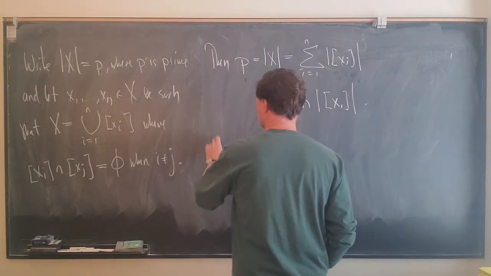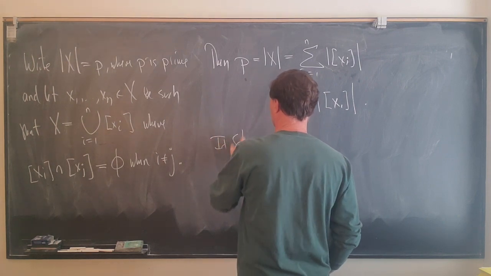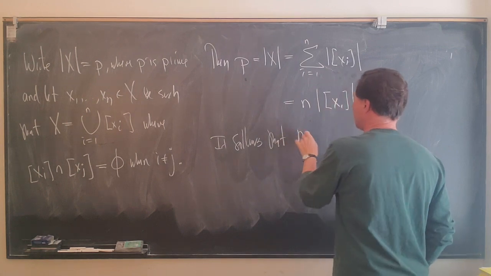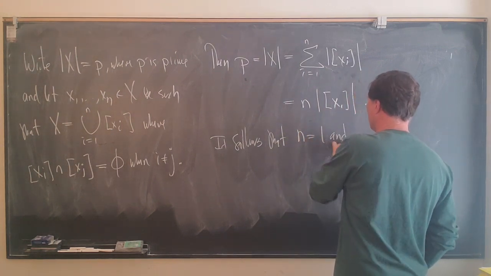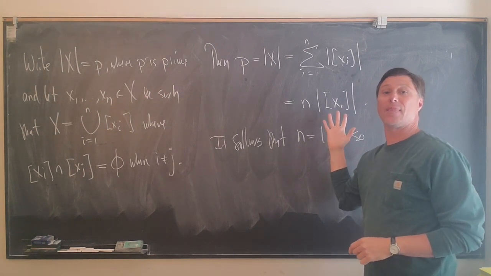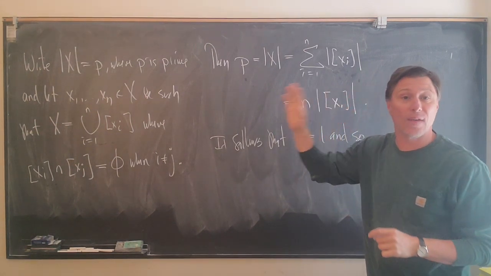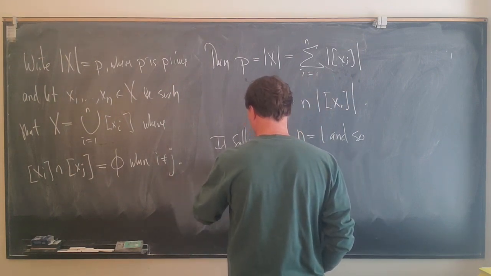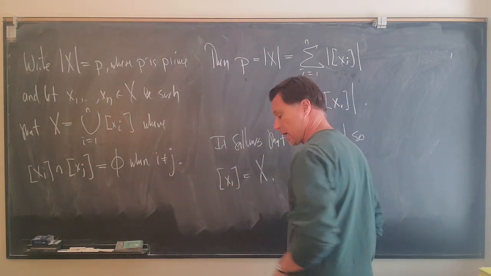So it follows that n equals 1, and so if the size of this equivalence class is equal to p, that means that the equivalence class itself has to equal X. So the equivalence class of x sub 1 is equal to capital X.